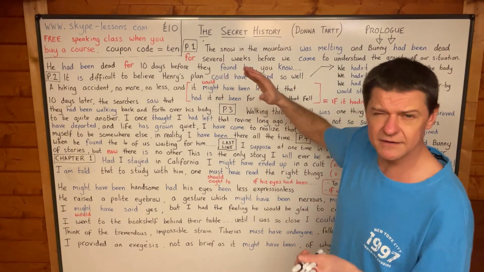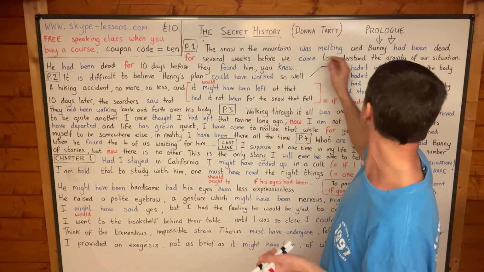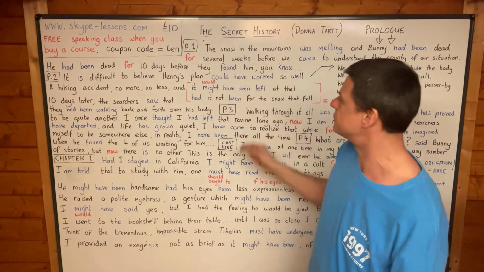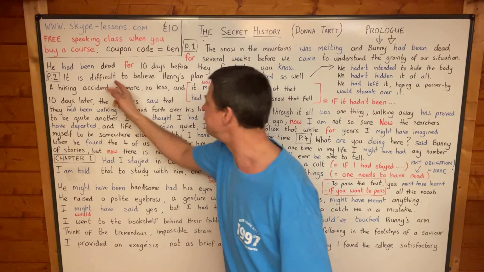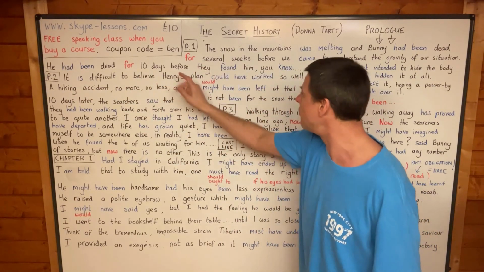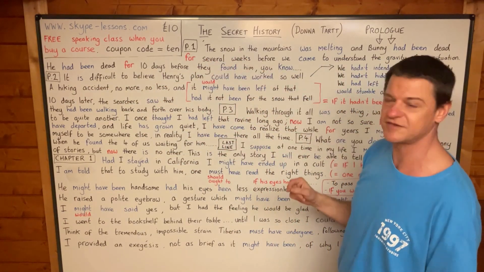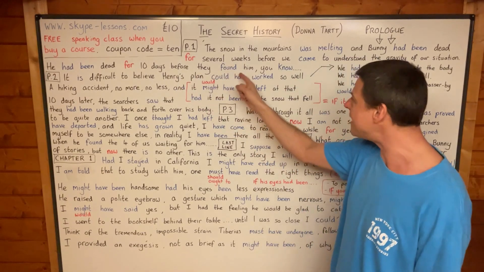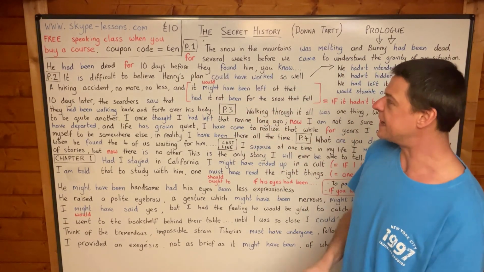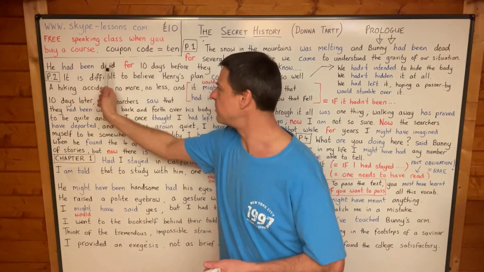But it is almost right, I think it is the first two sentences where you get Bunny had been dead for several weeks, and then he had been dead for 10 days before, notice it's exactly the same as the first line, before they found him.